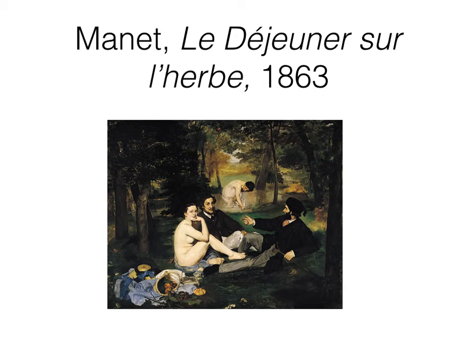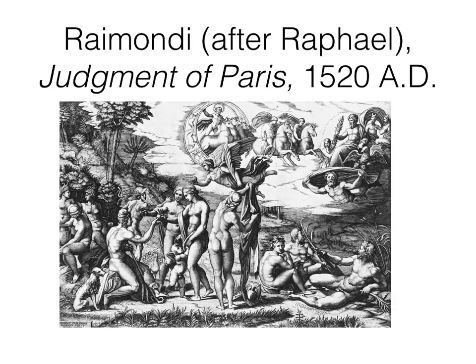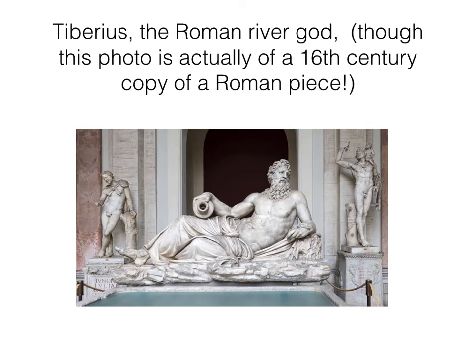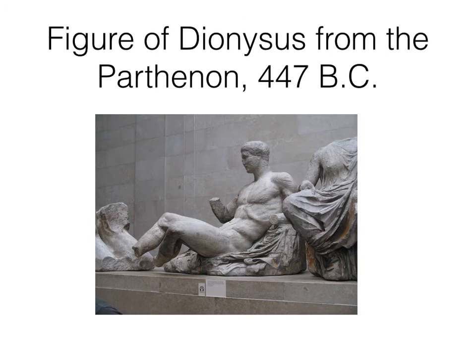And it's interesting actually to think that in a way it's closing the circle a little bit, because the intermediate images, so the Raimondi that you're seeing now and the Roman river god and Dionysus, they legitimize this sensual reclining pose by depicting gods.